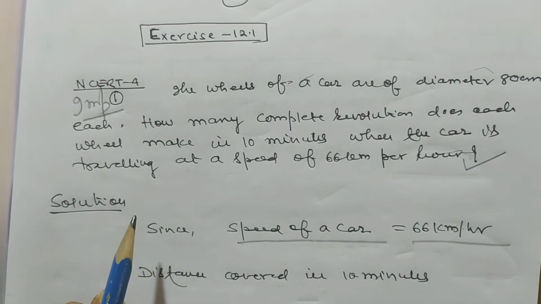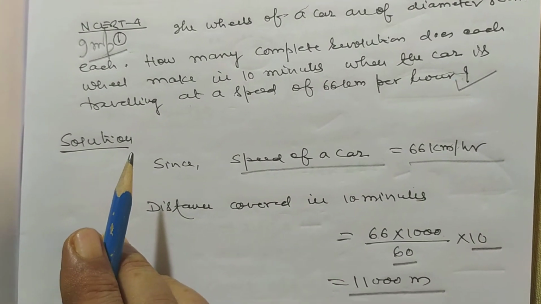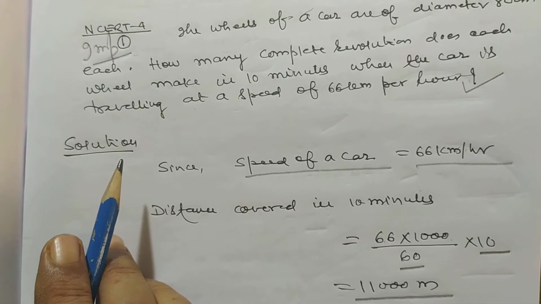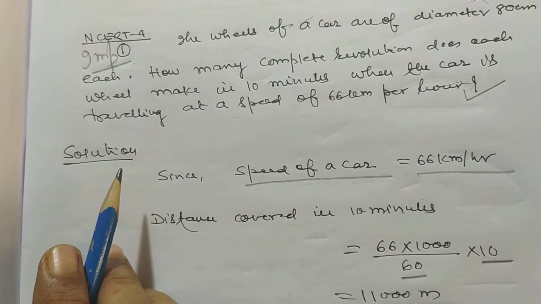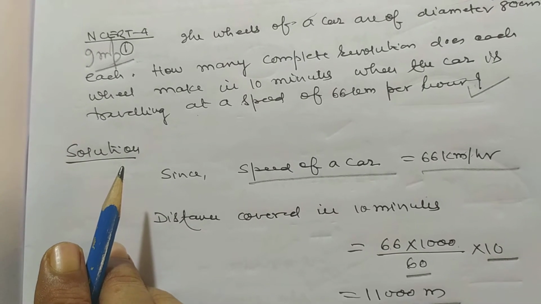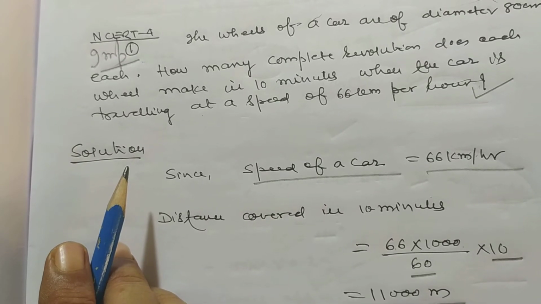Now, keeping all these points in mind, I will solve the problem of exercise 12.1. In my opinion, this exercise is very, very important for the purpose of multiple type of questions.